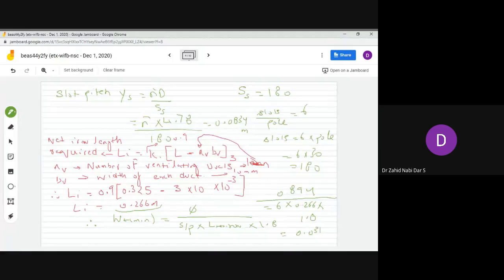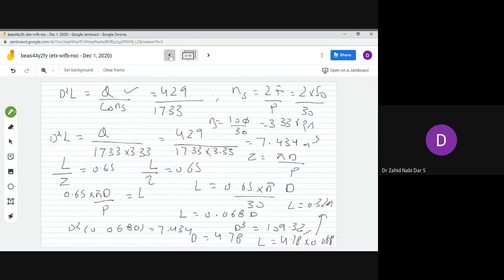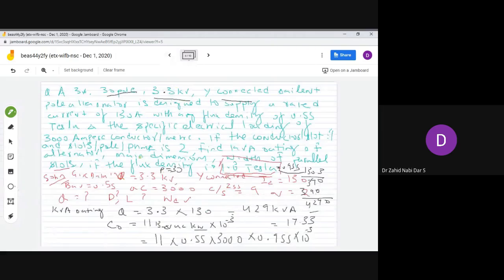Once you calculate this, you get the value of 0.031 meter. So now you want to know what is the width of the slot. So width of the slot would depend upon what? He is asking to calculate the width of the slot. See here, find kVA rating, main dimension, width of the parallel slot.